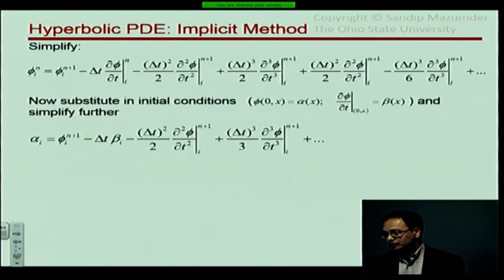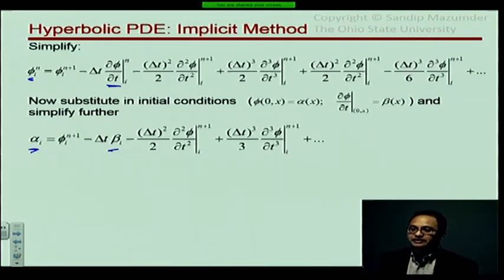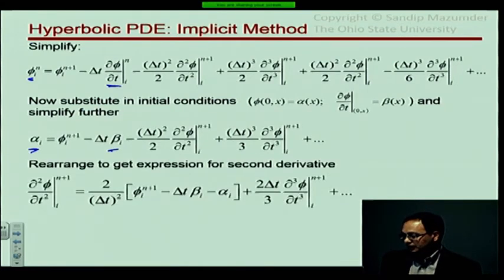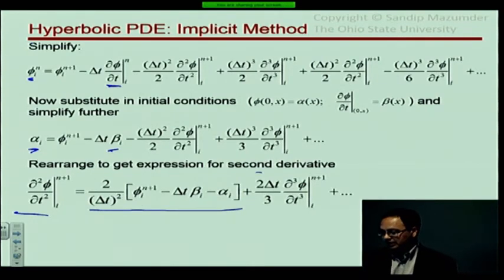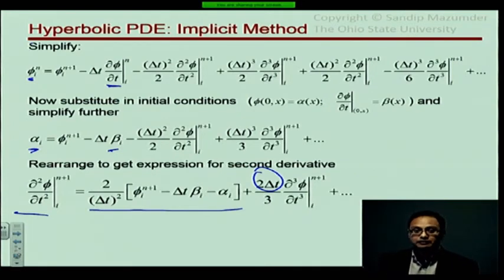So of course this guy is now your beta I. And right here is your alpha I. The two initial conditions, one for the derivative, one for the value of phi itself. And you rearrange that, you get your second derivative, which looks like that. Again, it's first order in time, as you can see, truncation error.